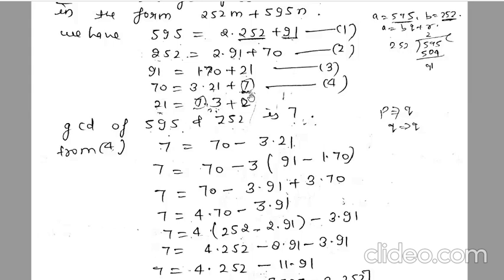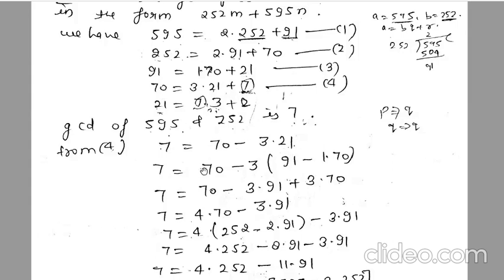So we need to find the value of the remainder from the second last equation. So 7 is equal to 70 minus 3 into 21.